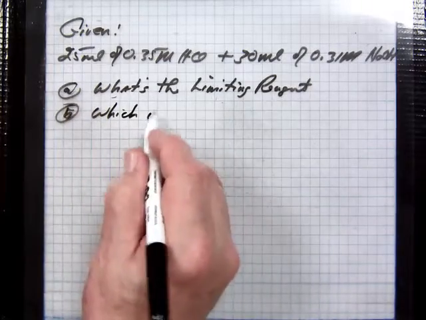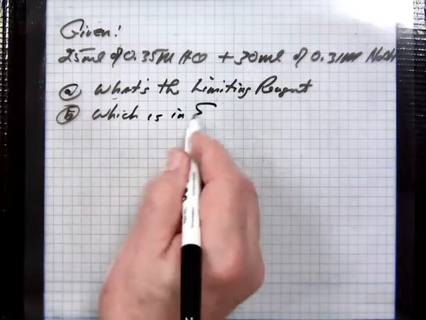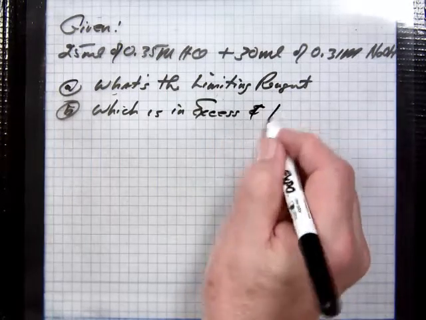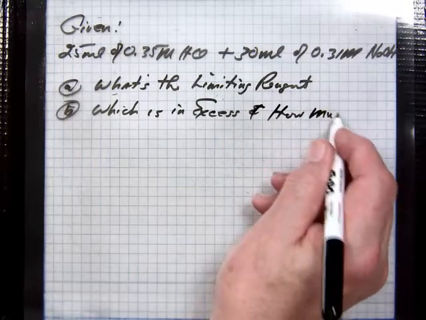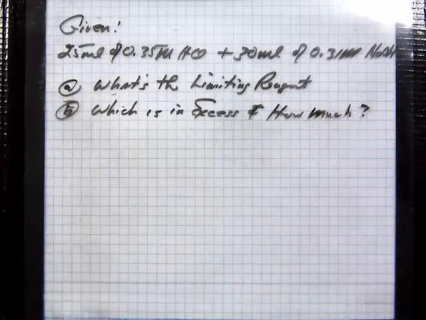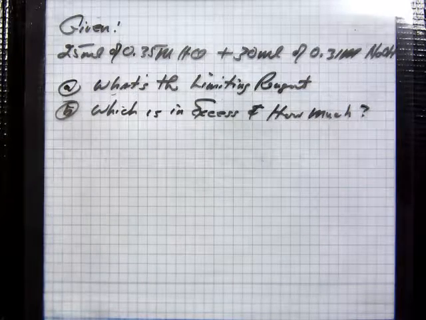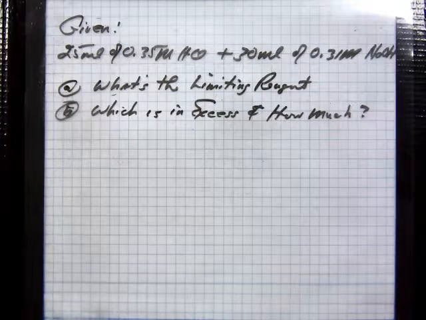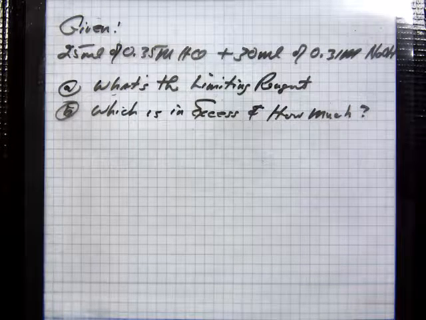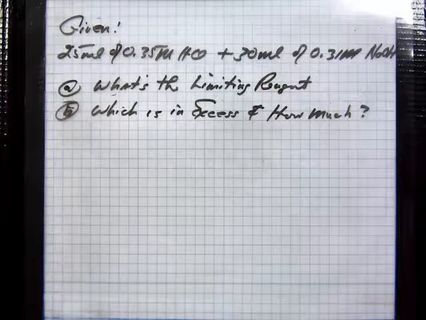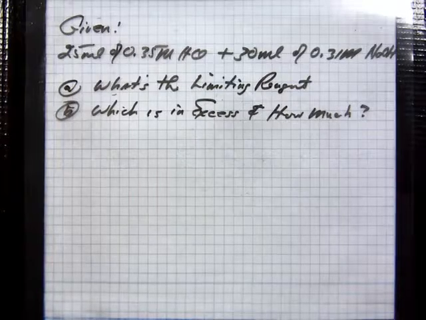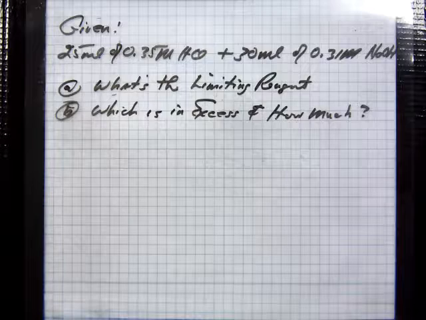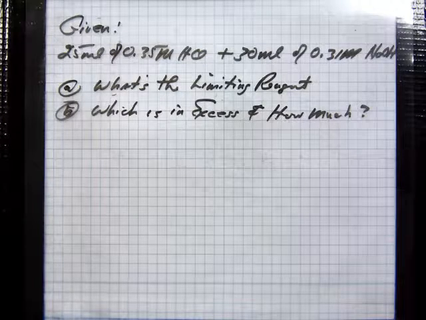Which is in excess, and how much? That's a very important type of problem because many times you're pouring acid into the base and trying to come up with a conclusion as to what the pH is after you mix those things together. This is a good example of that. One of them is going to be in excess and is going to dominate the pH. It's going to be basic or acidic in the context.